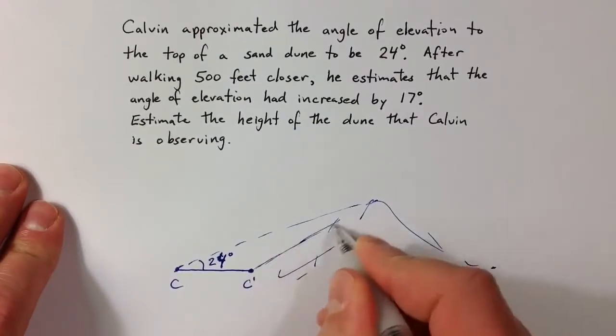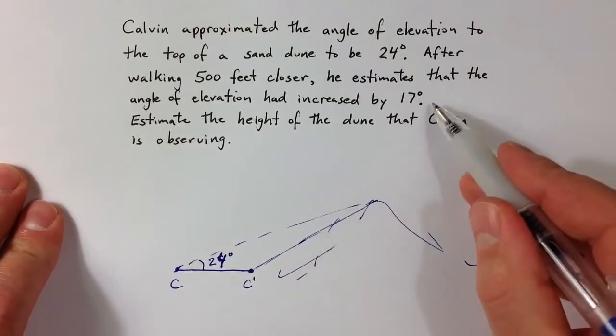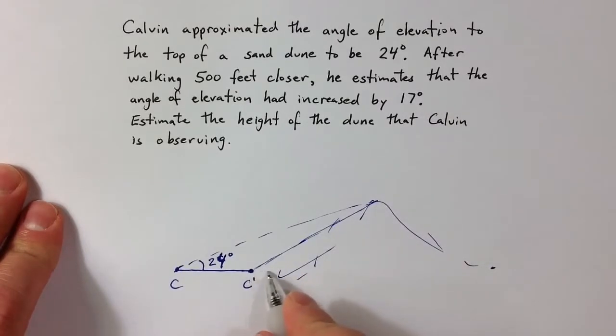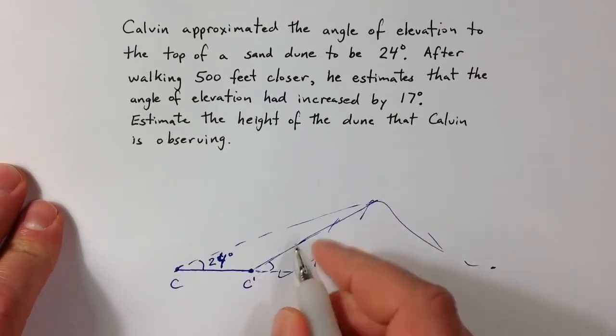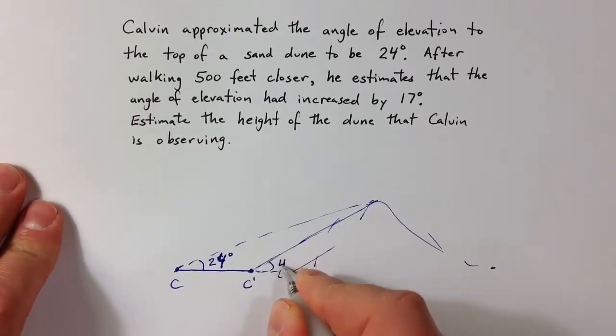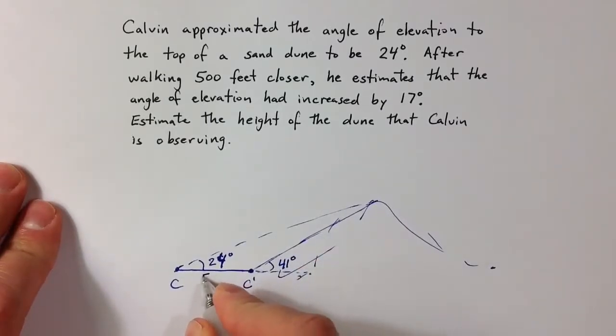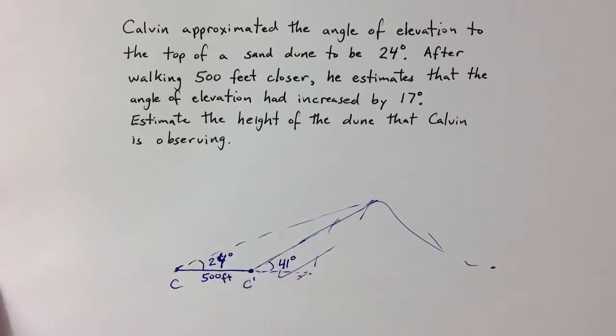And he estimates the new angle of elevation to be 17 degrees more than the first. Again, the angle of elevation is still between the horizontal and the transversal, or the rising line. So 17 more degrees would be 41 degrees. And we know that this distance is 500 feet. So that's the problem that I'd like to solve.